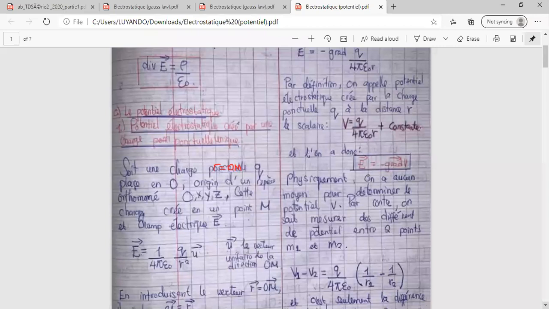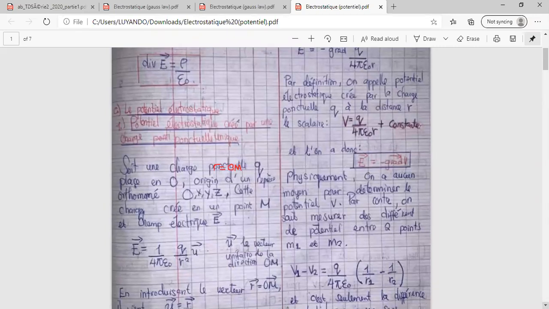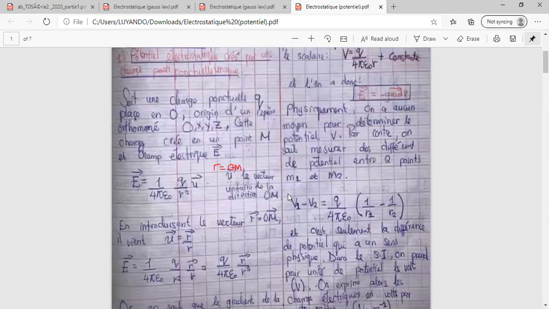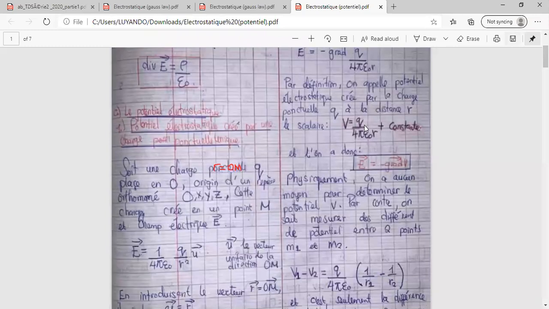So we have the points M1 and M2, which have the potentials V1 and V2 respectively. For us to find the difference between V1 and V2, this is our expression here, which we get from what we've said, that our V is equal to this, where our constant is equal to 0.